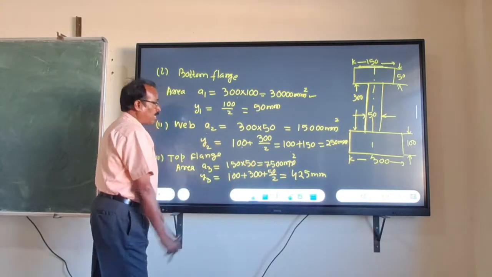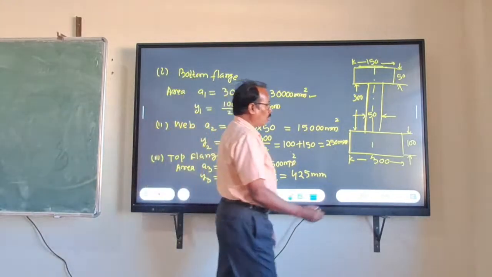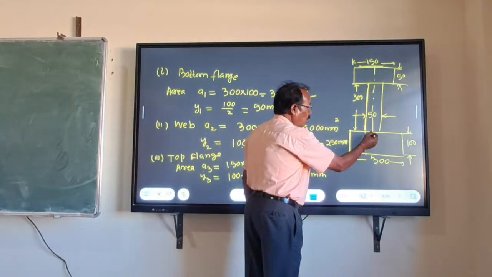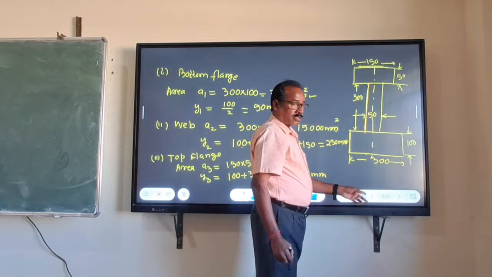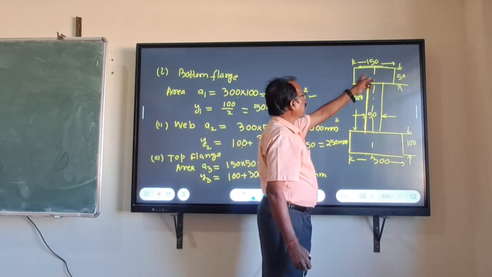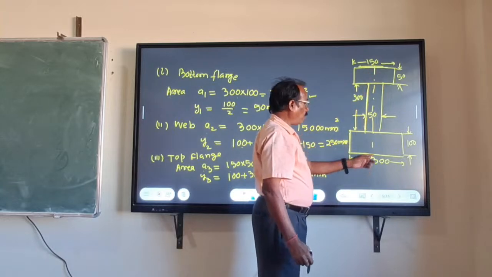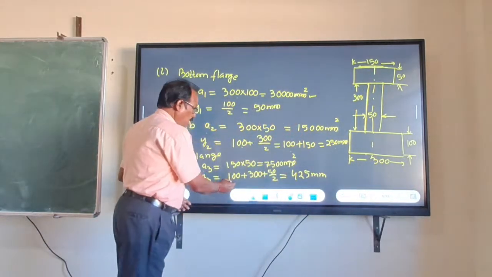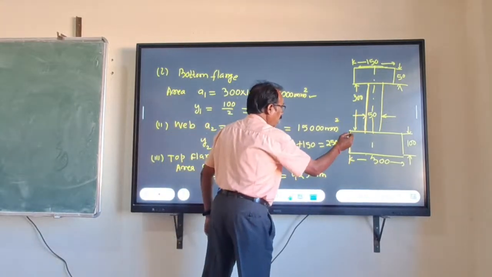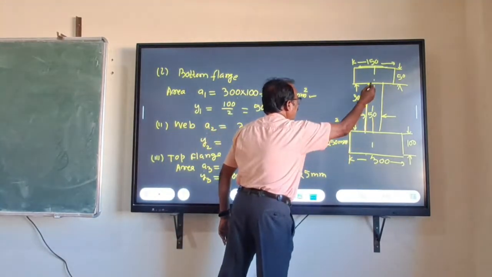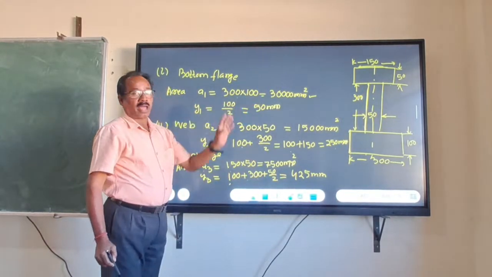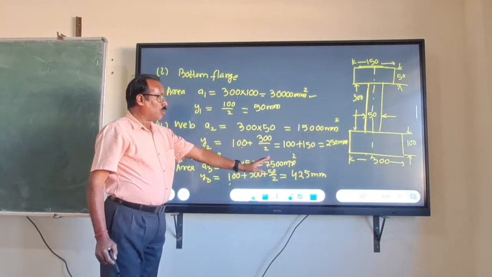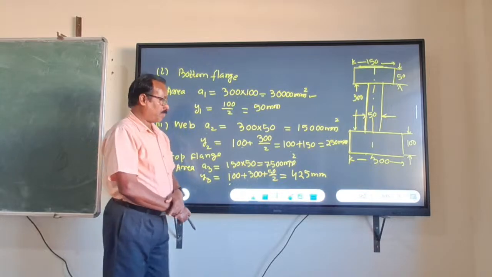And Y3 is equal to, this height is 100 constant, plus this height 300, plus 50 by 2, which is equal to 425 mm.